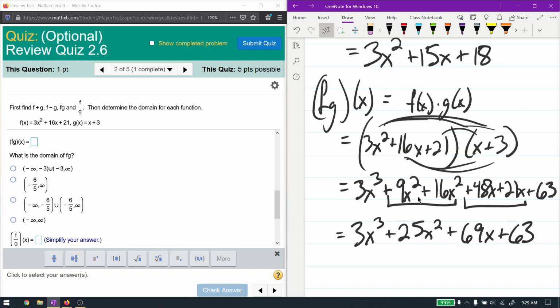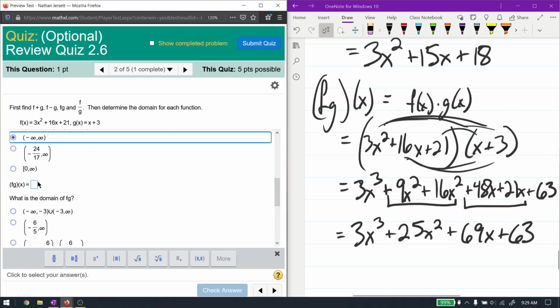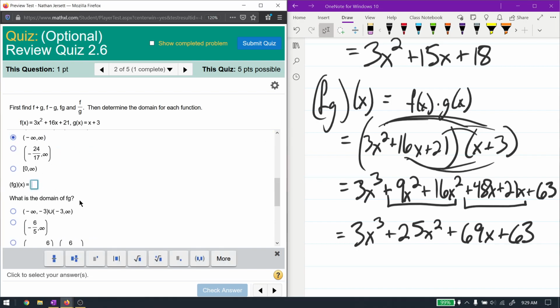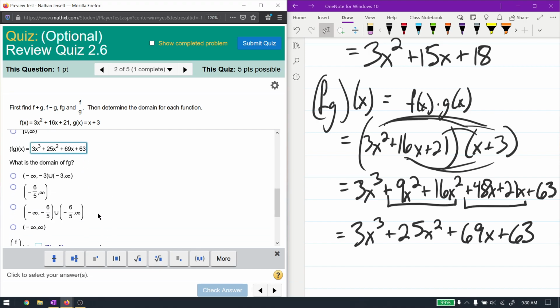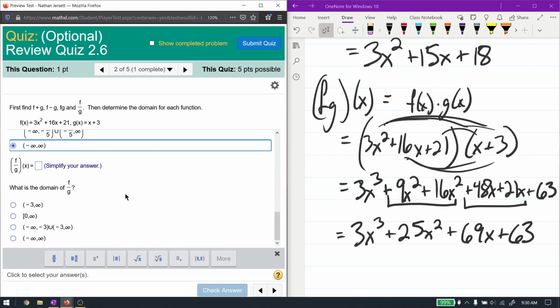I believe so. And this is once again a polynomial, so it has everything in its domain. 25x squared, 69x plus 63. So that's f times g of x.